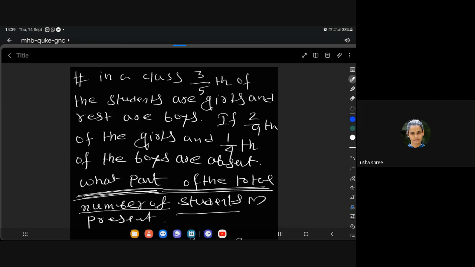I can give you a hint. You can assume that the total number of students is 100. You can even solve it by assuming the total number of students as 1 also. But you can assume it as 100 also. Any clue?